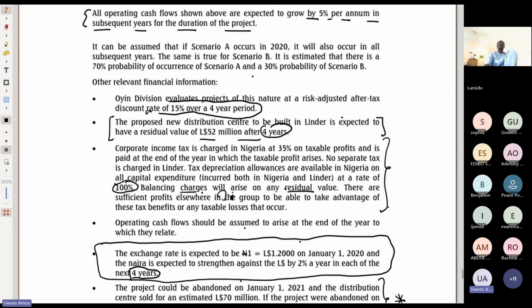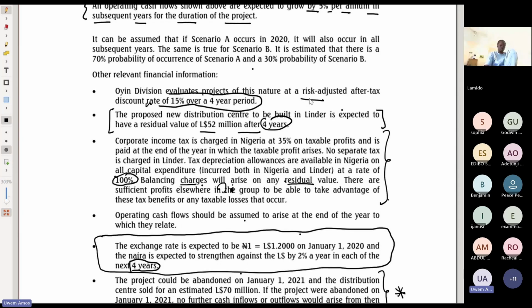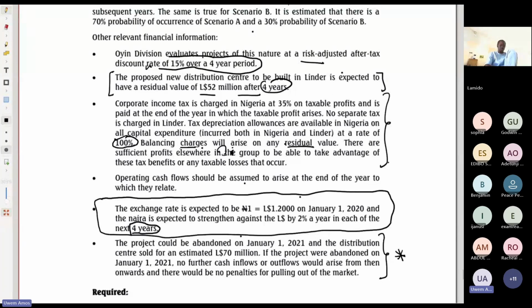So a discount rate is given to us and it's risk adjusted, so we don't need to do anything. It's already given to us as the risk-adjusted value. And the rate is 15%.